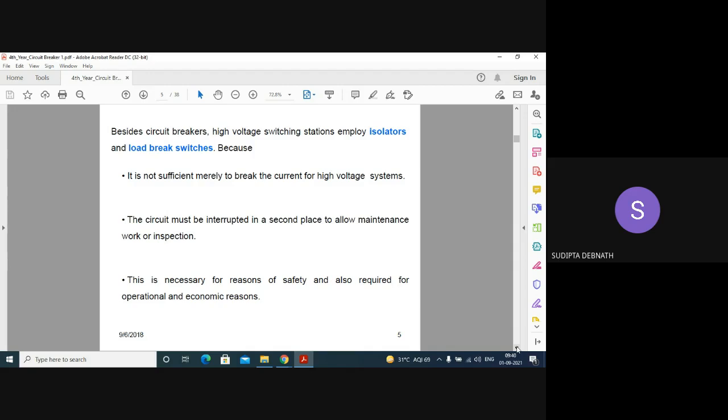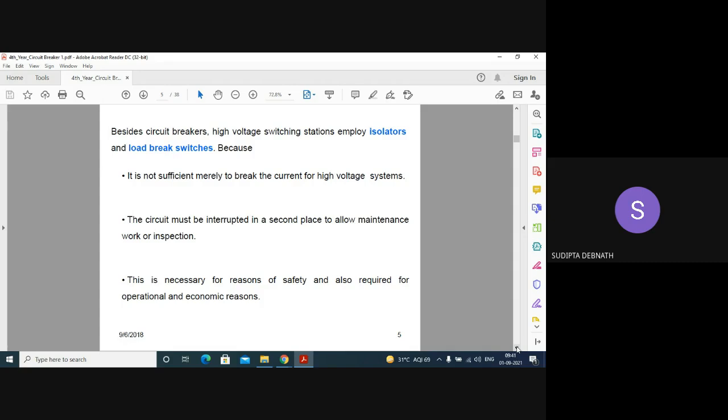Okay, the circuit must be interrupted at a second place to allow maintenance work or inspection, because from outside you cannot be sure whether the circuit breaker is off or on. It must be for high voltage circuits. In order to perform the maintenance or inspection work, it must be interrupted at a second place, okay, for safety purpose.